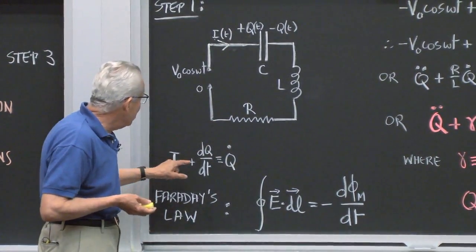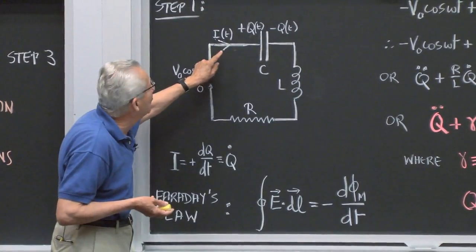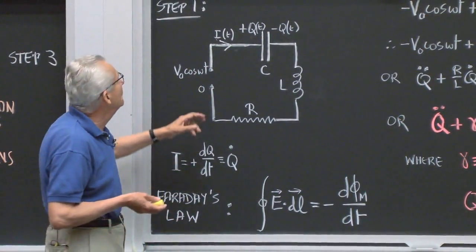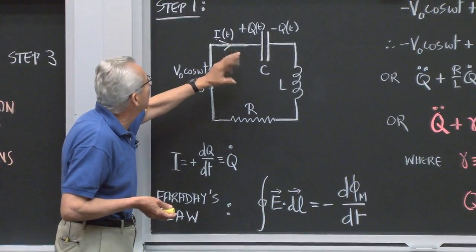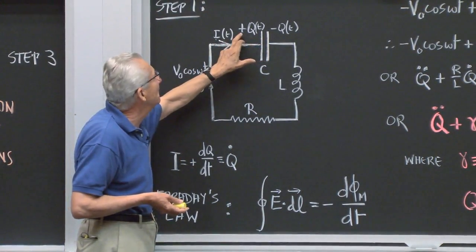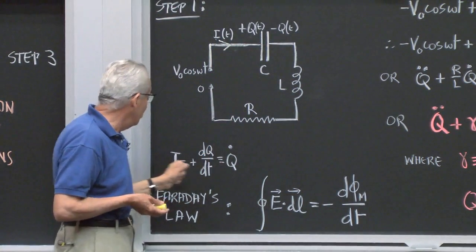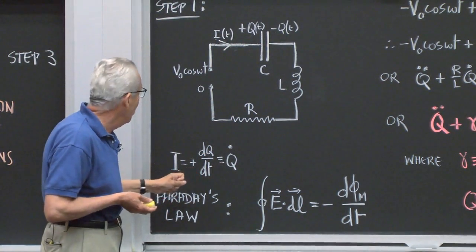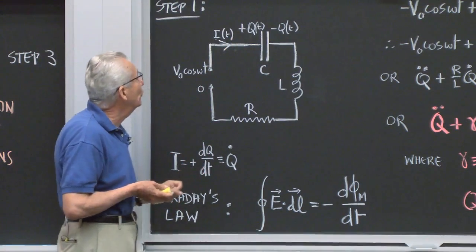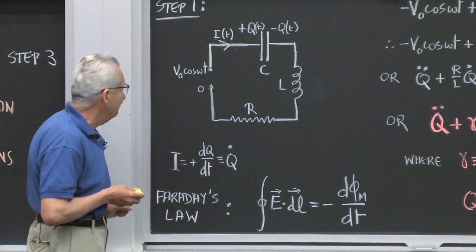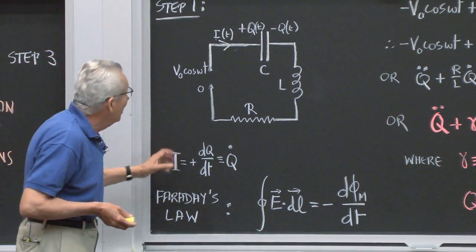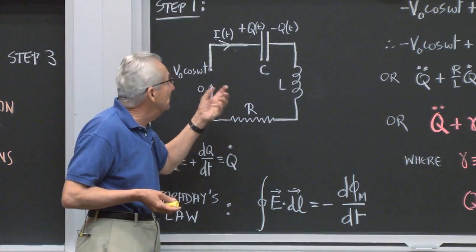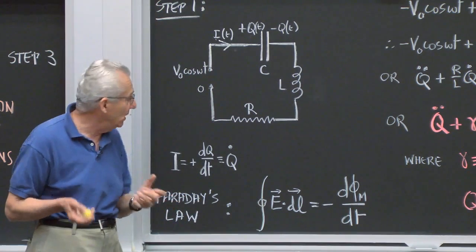This is plus because of the way I defined my coordinates. Beware, if I had defined my coordinates with this being minus and this plus, then this equation would have a minus sign. But with the way I've defined these coordinates, this is plus.